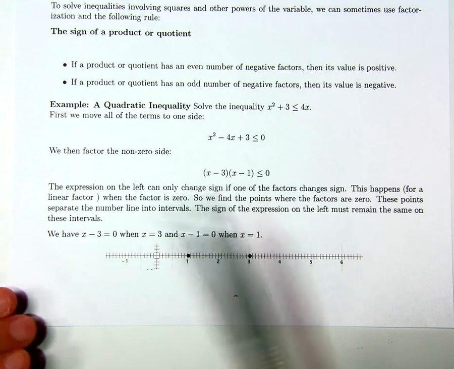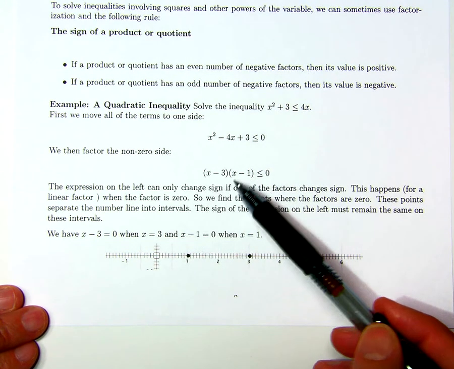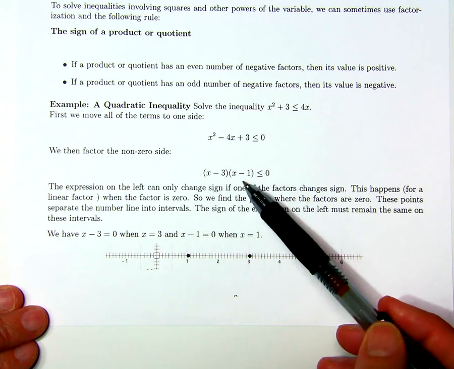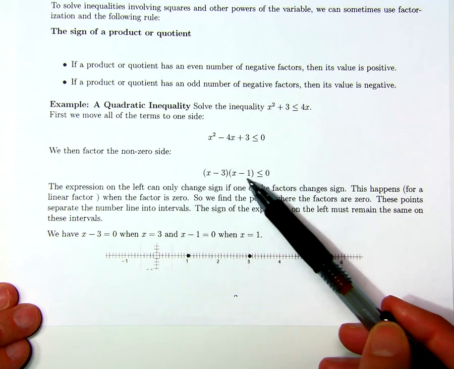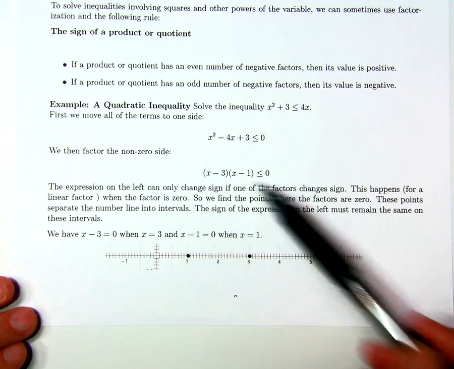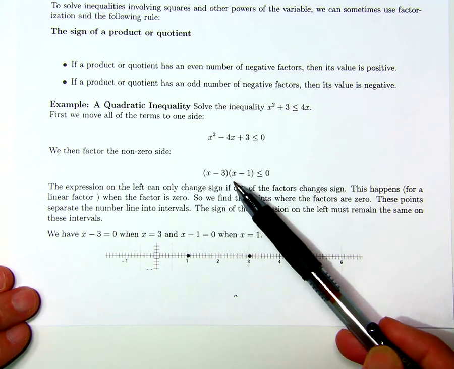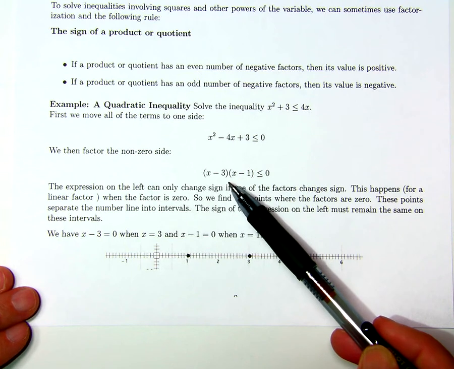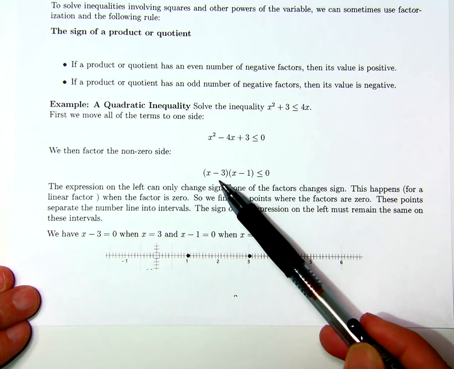And similarly for the line y equals x minus 1, the value of x minus 1 switches from positive to negative exactly where x minus 1 equals 0, or exactly where x equals 1. So we identify the points where these factors switch sign, and that's exactly where the factors equal 0.